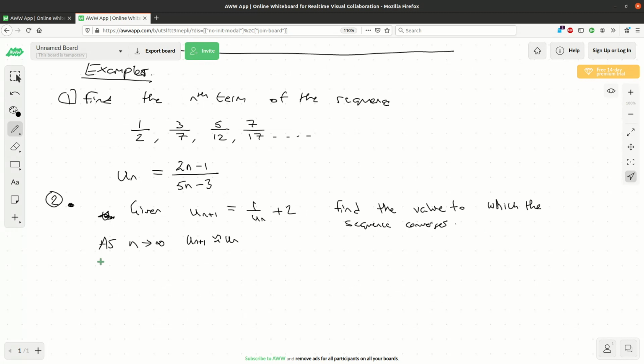Now it's just about solving this equation, times by x, subtract, and then solve. I'm going to solve that by completing the square because it looks perfect for it. x minus 1 squared minus 1, which is minus 2.